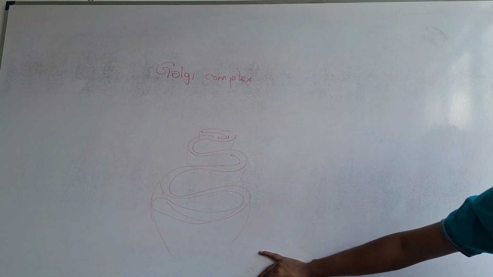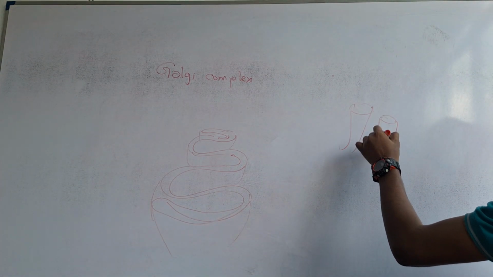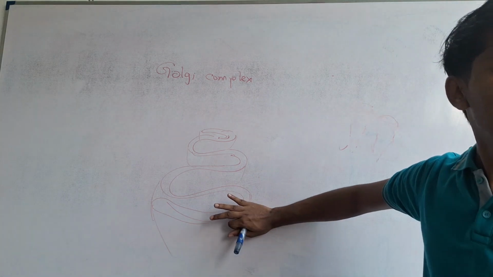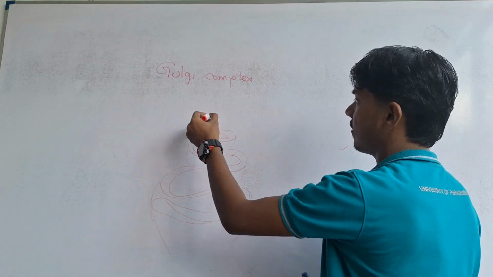Flattened, okay. Tubular would look like this, no? But this one is flattened sacs. There are 2 phases.